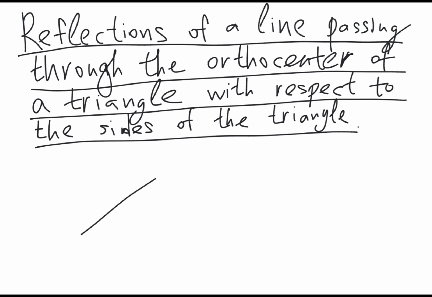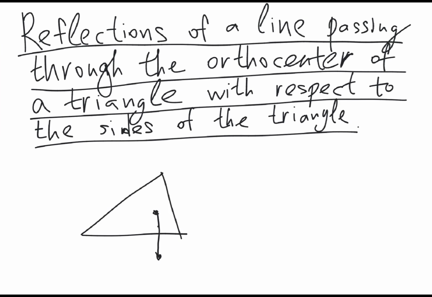There is a related theorem that I proved in one of the previous videos about the reflections of the orthocenter itself. Basically, if we have an arbitrary triangle and we take the orthocenter of this triangle, the point of intersection of the altitudes, then the reflections of this orthocenter with respect to the sides of the triangle lie on the circumcircle.